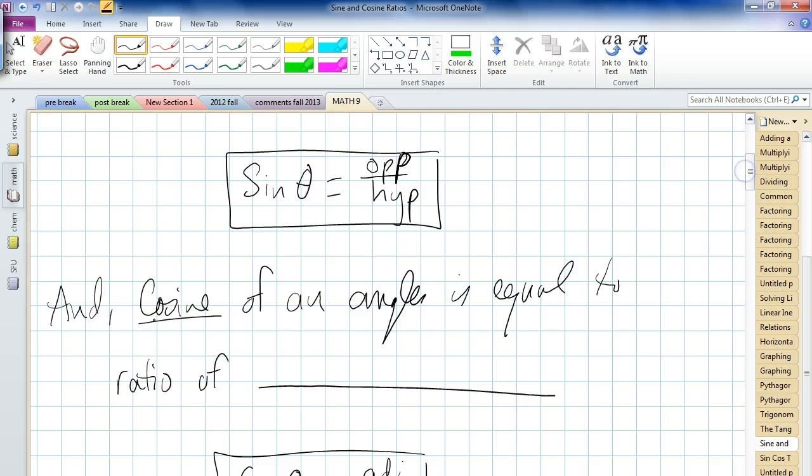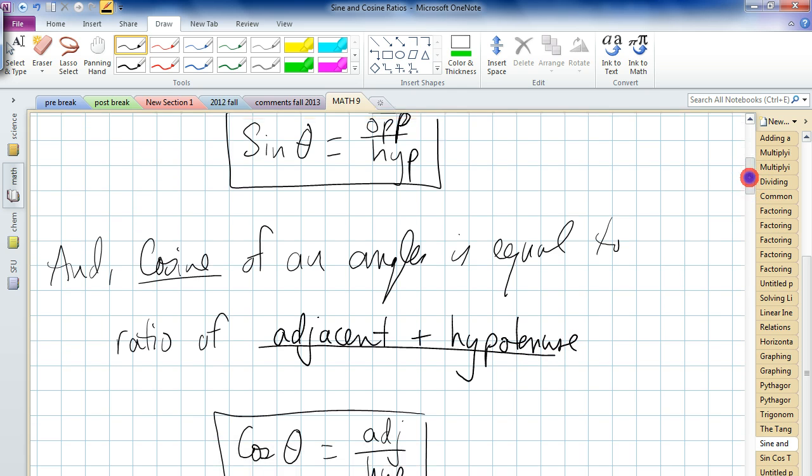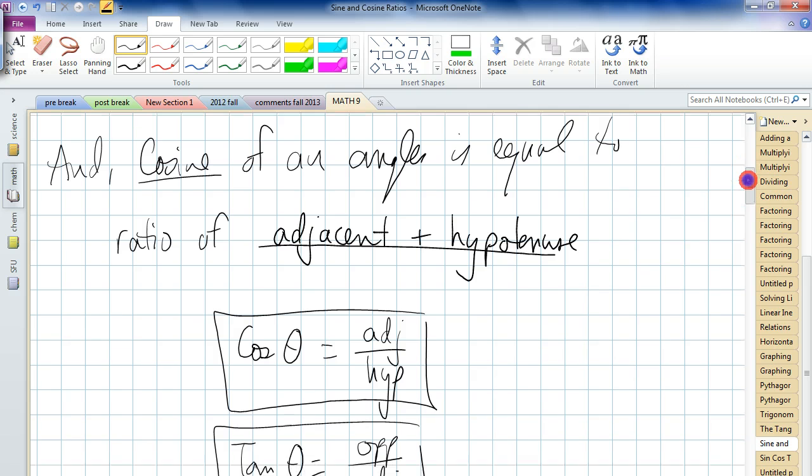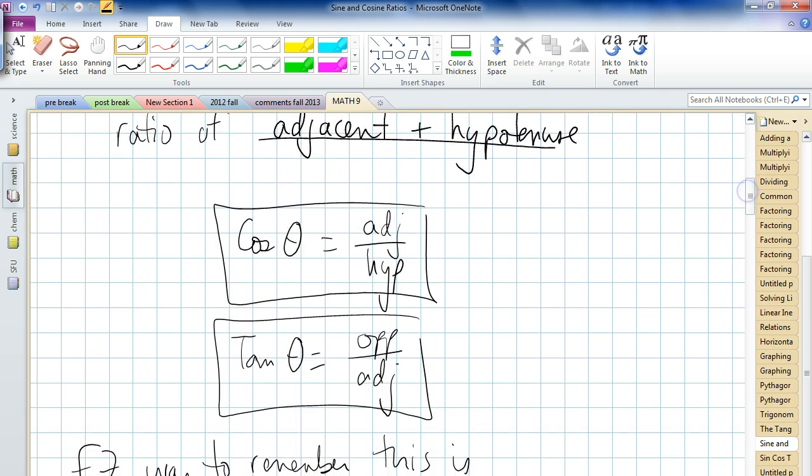And cosine of any angle is equal to the ratio of the adjacent and the hypotenuse sides. And so the cosine of any angle is equal to the ratio of the adjacent over hypotenuse. And like I said before, remember, tangent of any angle is opposite over adjacent.